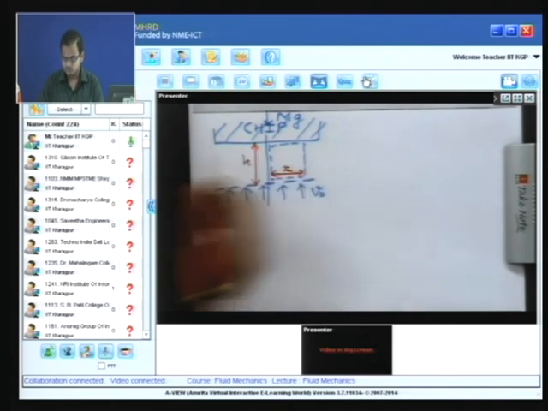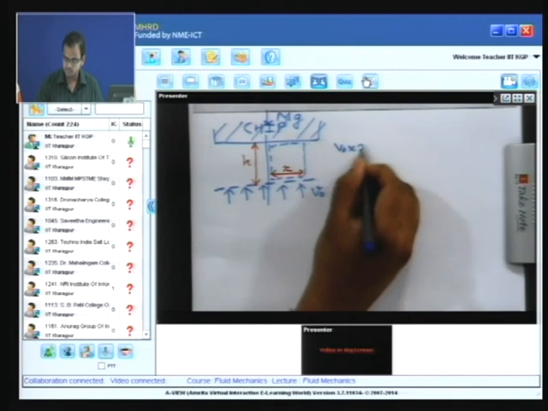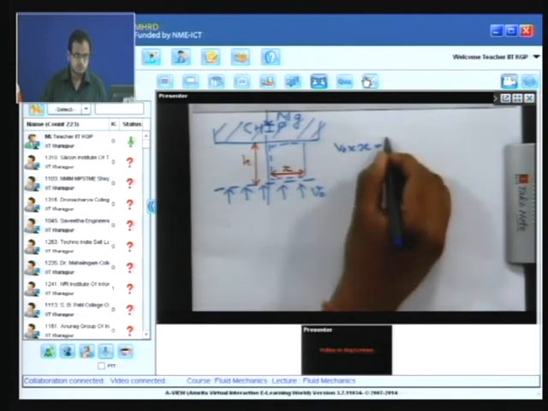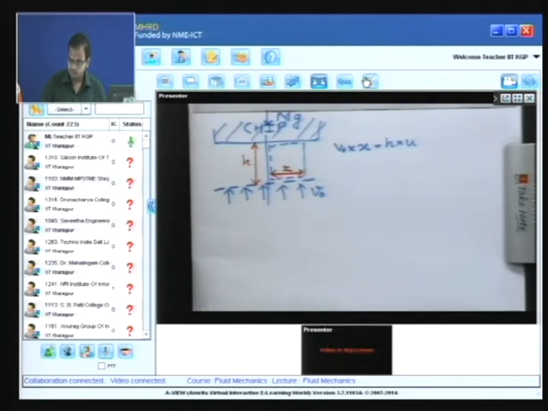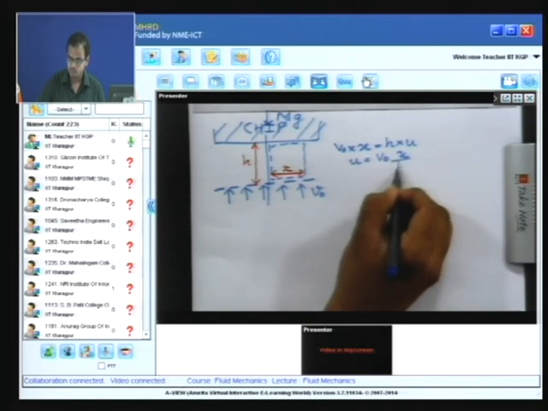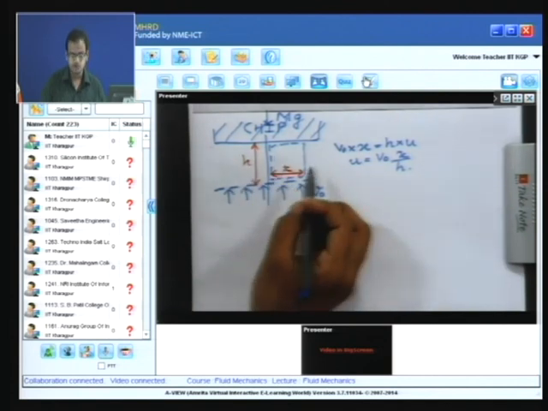For this, conservation of mass will yield V naught times x is equal to h times u. Through this we can relate u as a function of x. In order to find out what the velocity distribution for the v component is, we can make use of the continuity equation.